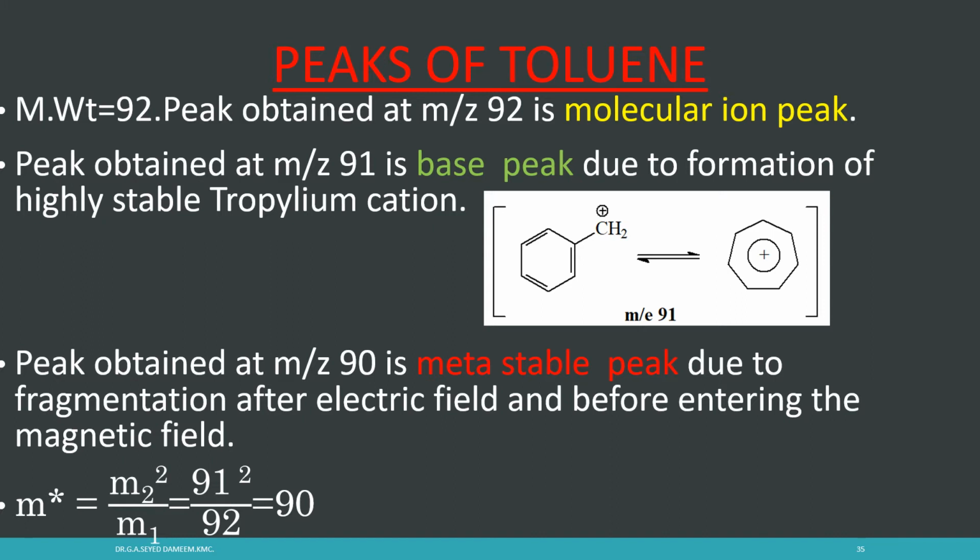So m star equals m2 square divided by m1, that is 91 square divided by 92, which is equal to 90. The peak obtained at m by z 90 is the metastable peak. So toluene gives the molecular peak at m by z 92, the base peak at m by z 91, and the metastable peak at m by z 90.